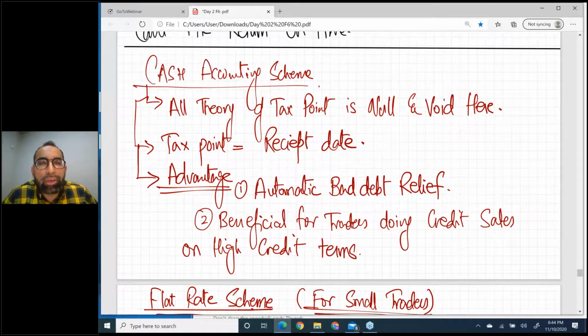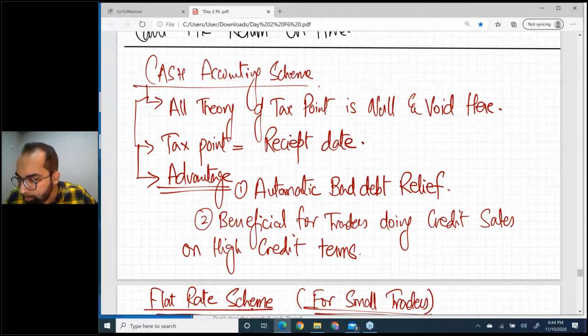Okay. So in short, let me summarize it. In short, the cash accounting scheme is beneficial for those guys who are doing credit sales.